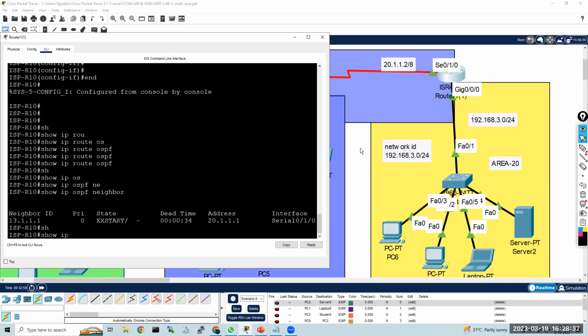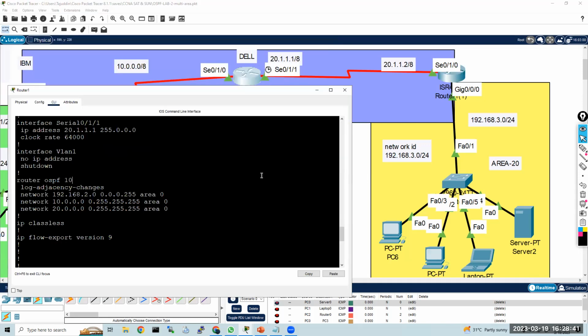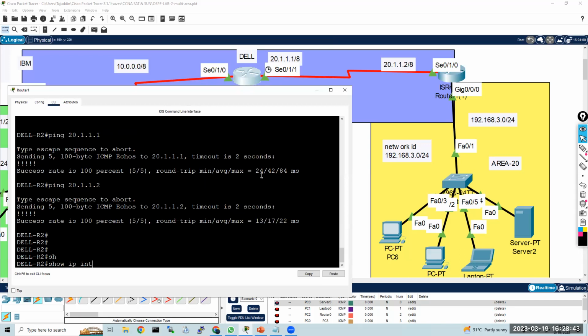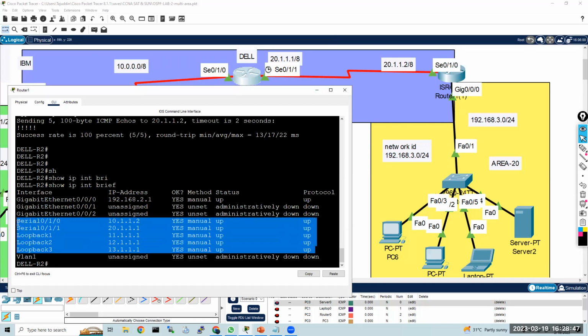Is there any loopback we configured here, guys? Yes. Okay, if we check here also, same. Show IP interface brief. The same. Understood? What is the issue? They have the same loopback IPs.